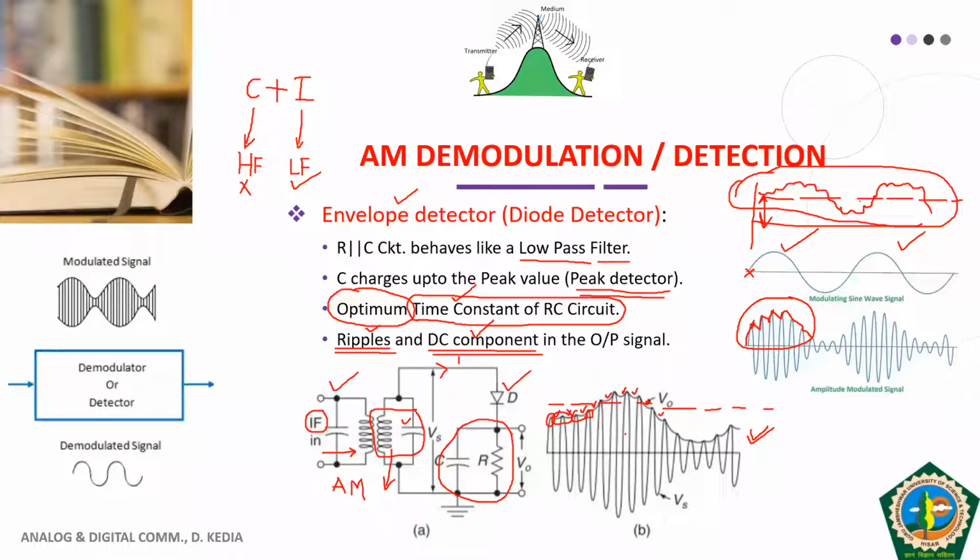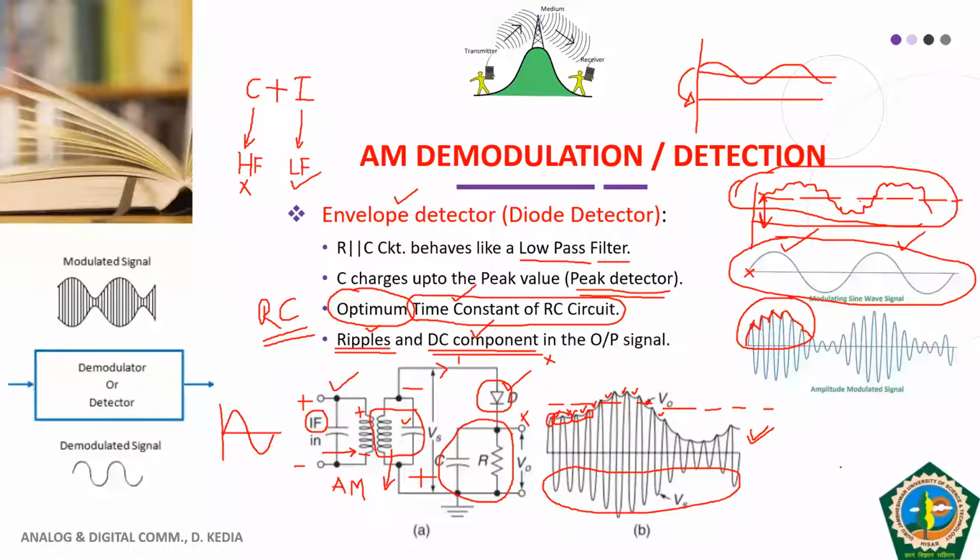And if your time constant is too large, then also your capacitor will not be able to reach the peak values. So we need to decide the optimum value of time constant so that my capacitor can detect the peaks correctly. Fine. So that was the complete discussion related to the envelope detector circuit, or diode detector circuit.